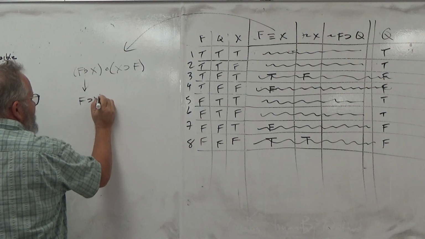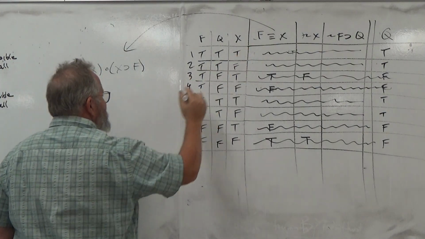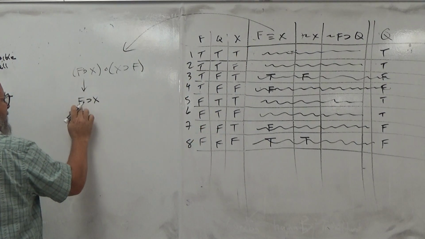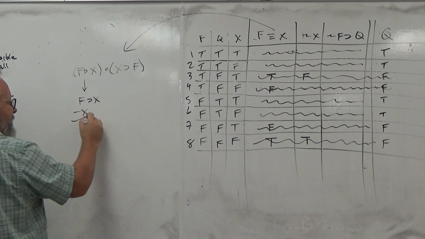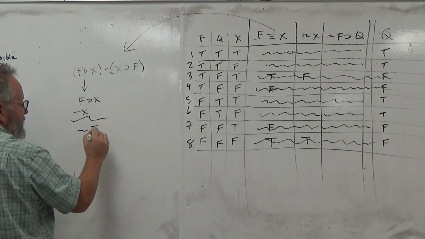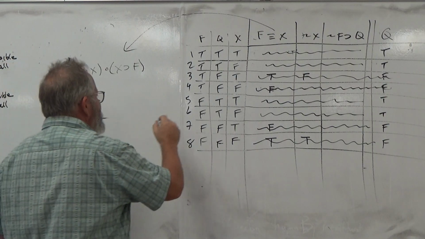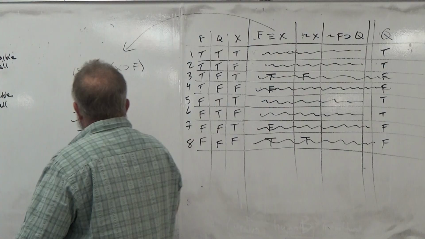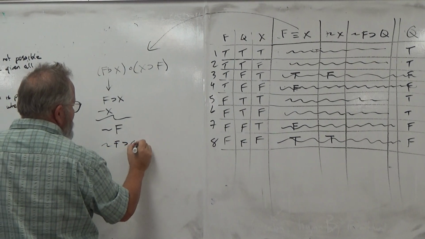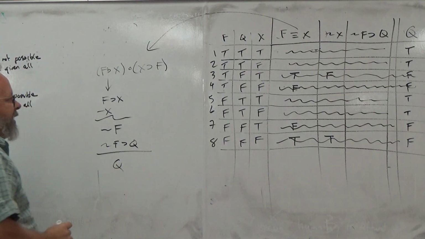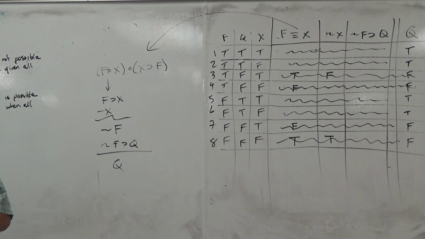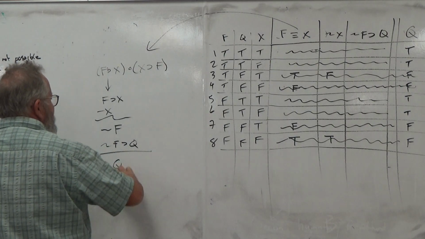That means that if F then X, but look at line 2, not X. If F then X, but not X, that must mean not F, right? And then look over here. We have not F, then Q, and we know that not F is true, so we know that Q is true. That follows. So the argument is valid, right? So that's foreshadowing chapter 5.